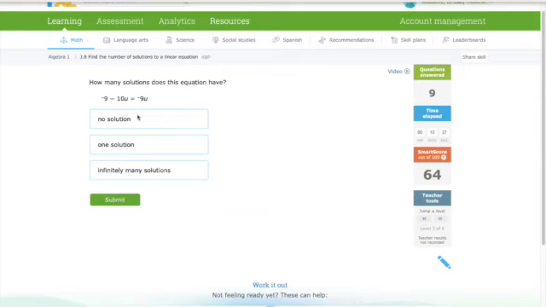You'll notice if we go to combine the variables, if I were to add 10u to both sides, that's going to give me a u still. My variable doesn't cancel out. So if looking at these equations, you notice that your variable will not cancel out, that it'll still have a variable, you know right away it's going to be one solution. So it's a little bit of a shortcut.